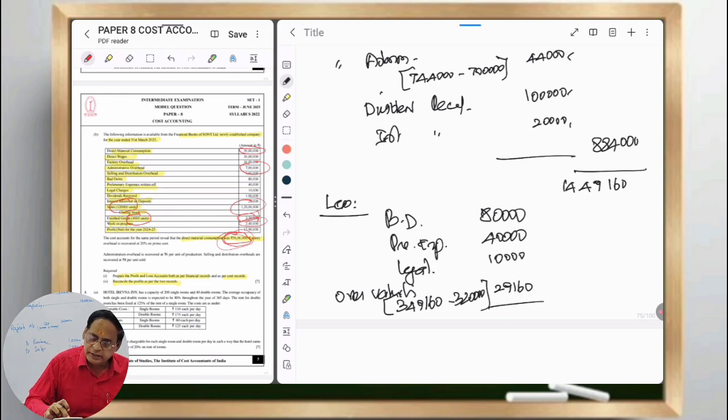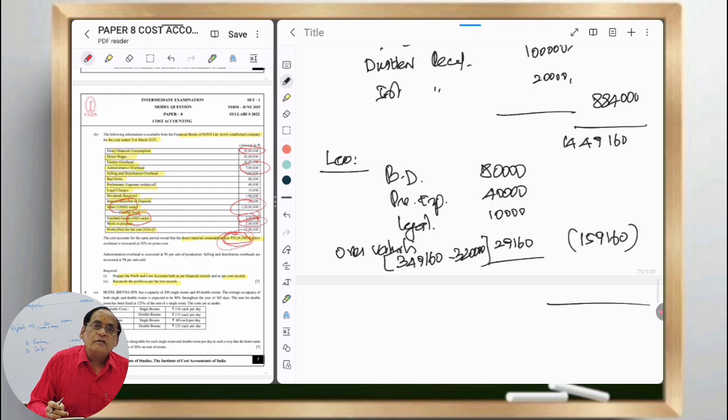So total deducted: 80,000 plus 40,000 plus 10,000 plus 29,160, that is 1,59,160. If we deduct, it should be the profit as per financial statements. 14,49,160 minus 1,59,160 is 12,90,000 rupees.